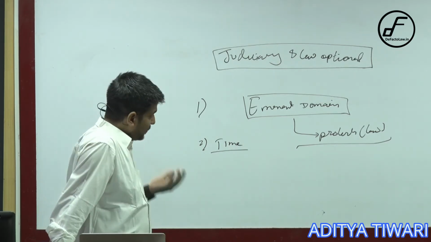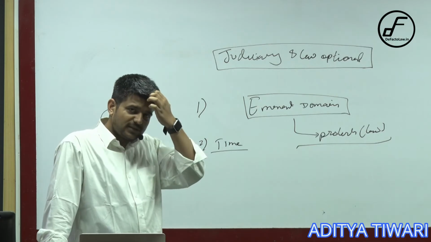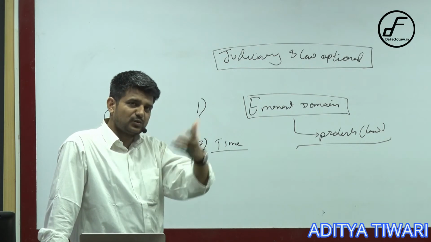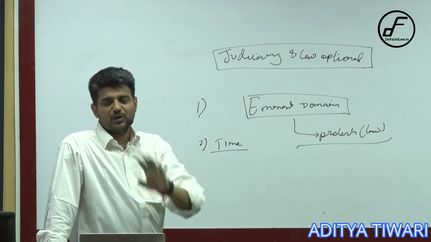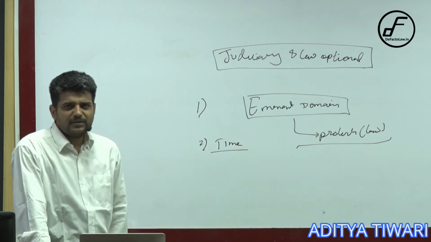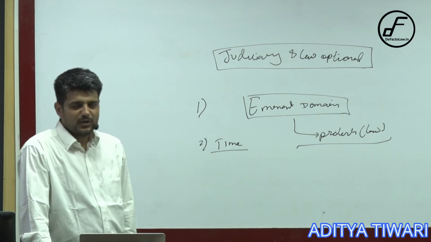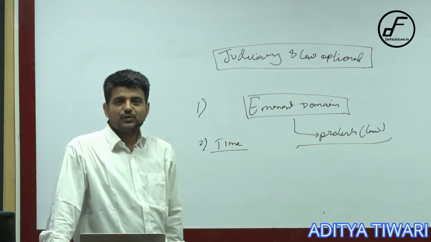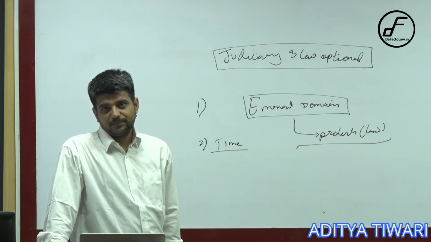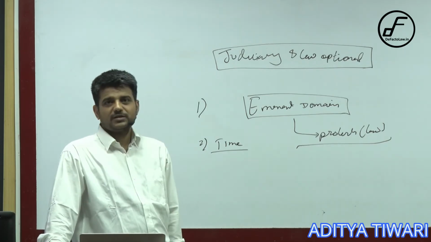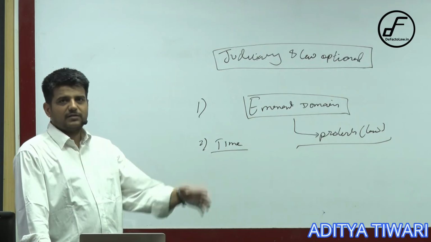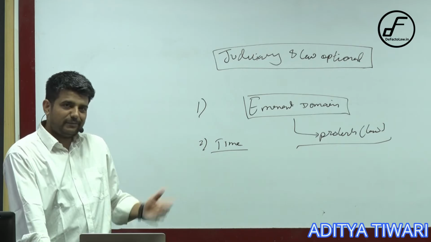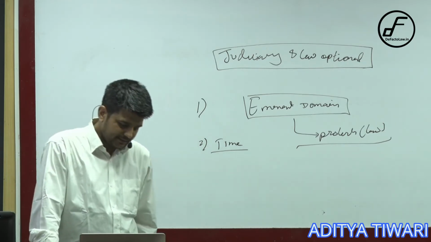If you study judiciary and law optional together, you won't be able to do justice to either. So I suggest that you bifurcate the preparation. Go for law optional individually, and the judicial services examination individually. Even if you have studied for judicial services, it is okay for the conventional part, but for the contemporary part it is not okay at all, so you have to take guidance.